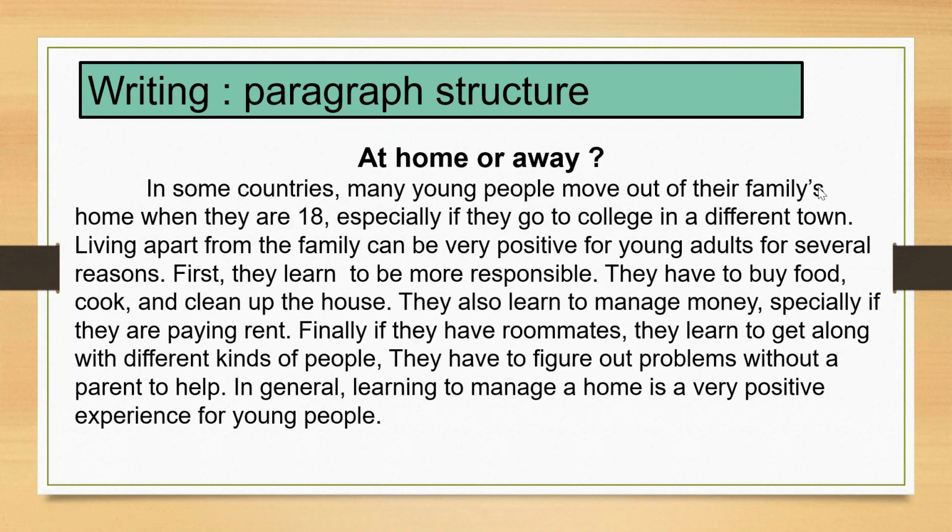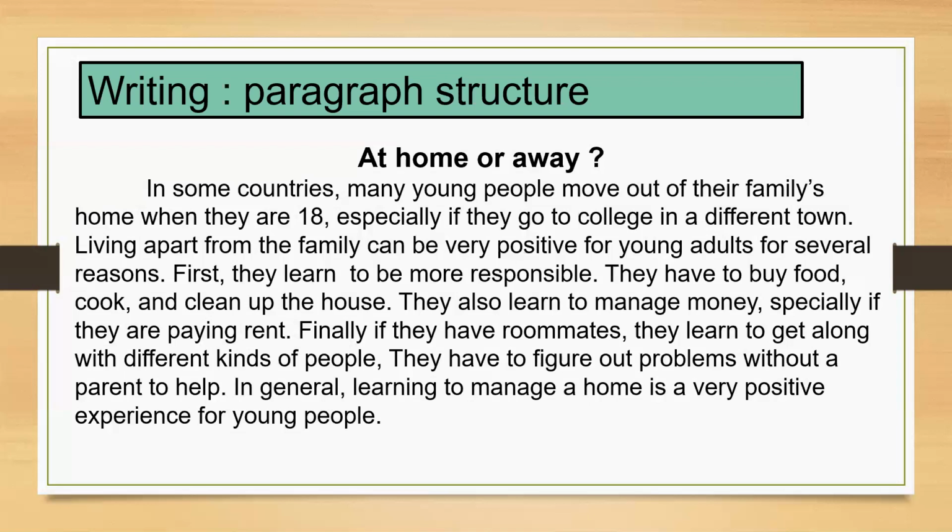At home or away. In some countries, many young people move out of their family's home when they are 18, especially if they go to college in a different town. Living apart from the family can be very positive for young adults for several reasons. First, they learn to be more responsible. They have to buy food, cook, and clean up the house.